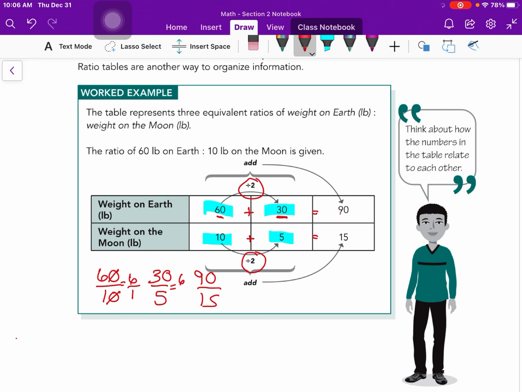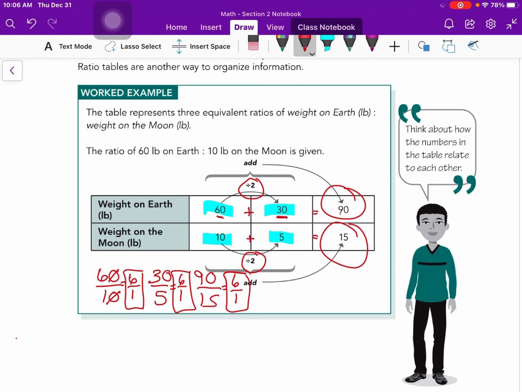Every single one of these divides down. 30 divided by 5 is 6 to 1. 90 divided by 15 is 6 to 1. They all simplify down to 6 to 1, which is our unit rate or our base ratio.